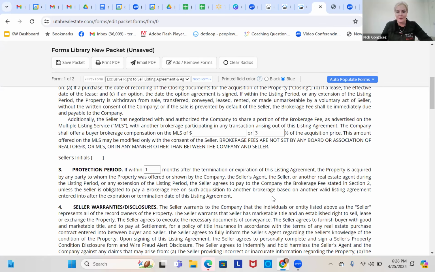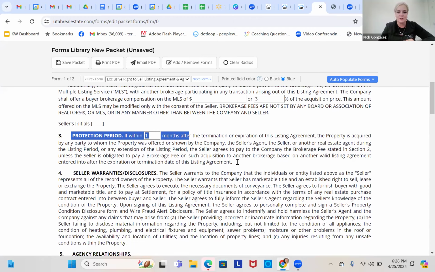I just explained to them, it's literally just for 1 month after, and it just kind of covers anything that could happen in the next month as far as getting this home sold based on the marketing efforts of Keller Williams and myself as the agent.